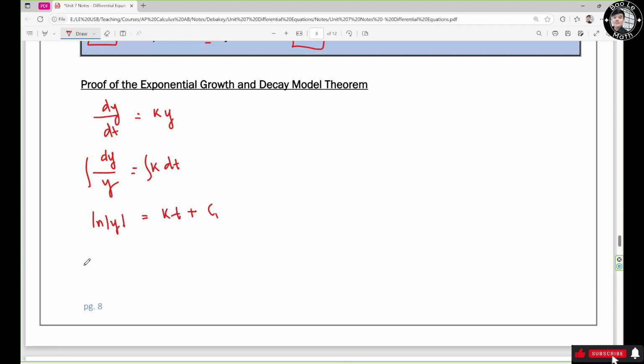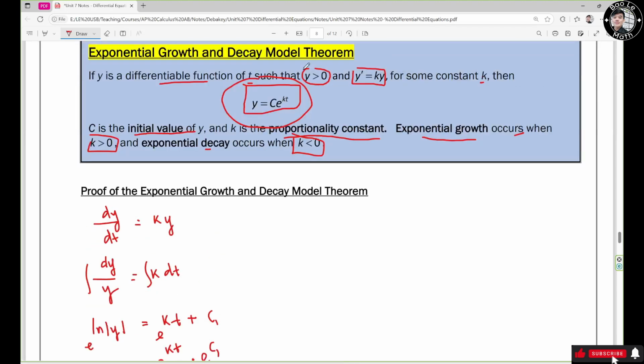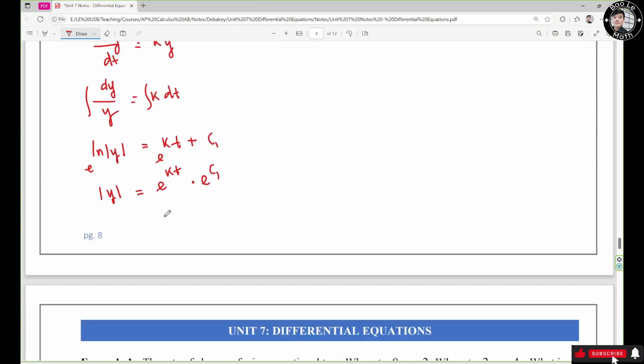Now I need to exponentiate both sides, so e raised to this one equals e raised to that one. This turns out to be absolute value of y equals e raised to the k times t times e raised to the c1. Now, y is always positive, so you can eliminate the absolute value.